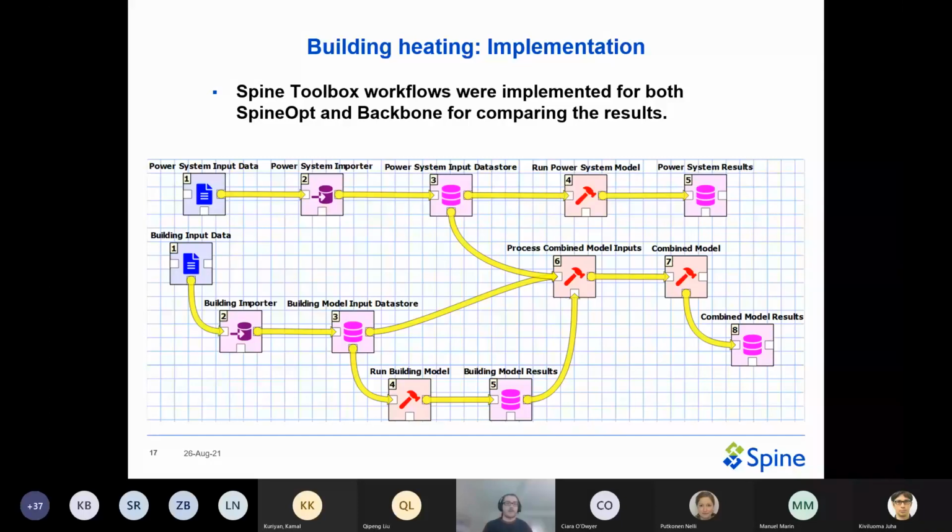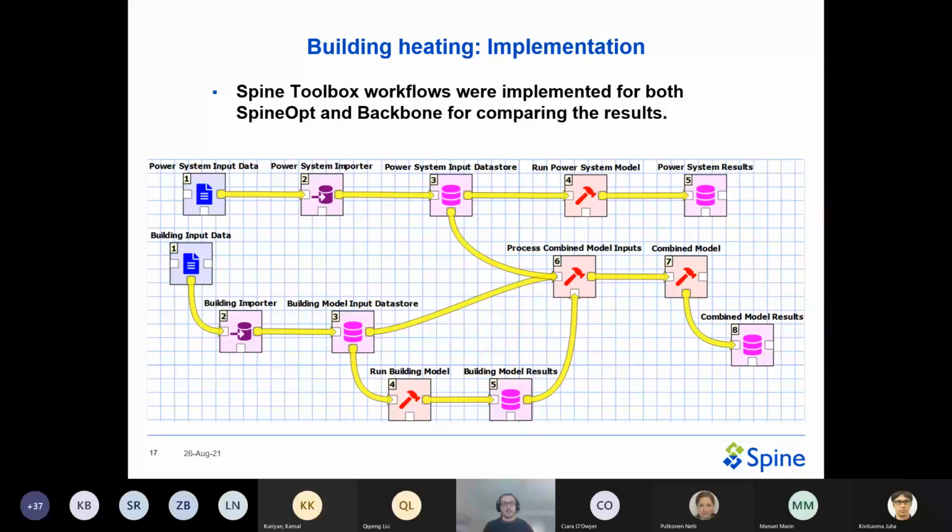And the second part was the input for the building model only, which again goes through an importer and into an input database. And again, it goes through this run building model tool, which is just running either SpineOpt or Backbone to produce the building model results.